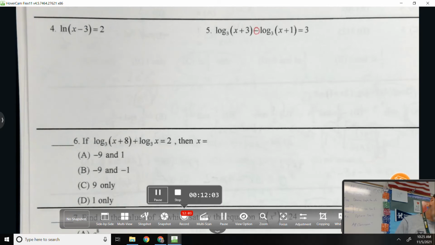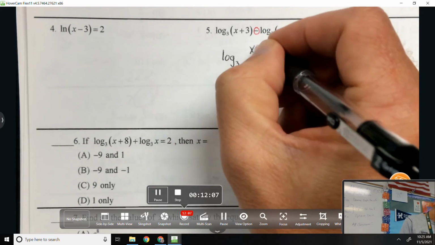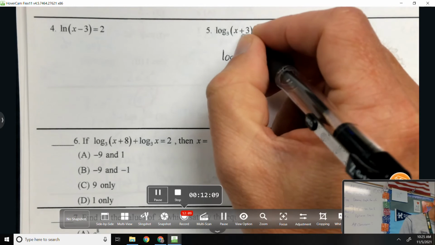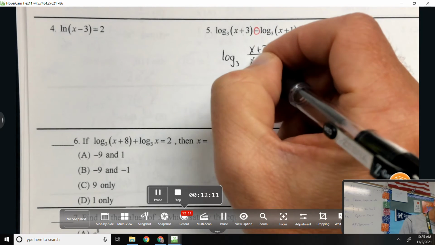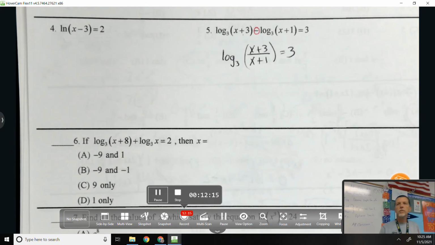Let's see. Minus sign, so we can divide. Log base 3 of x plus 3 divided by x plus 1 equals 3. You good with that part? Yeah. What do you want to do next? Well, when I looked at the notes, you did something with 3 on the other side.